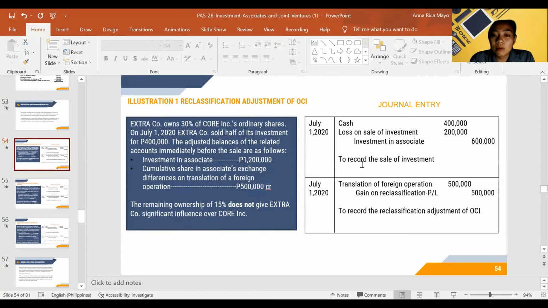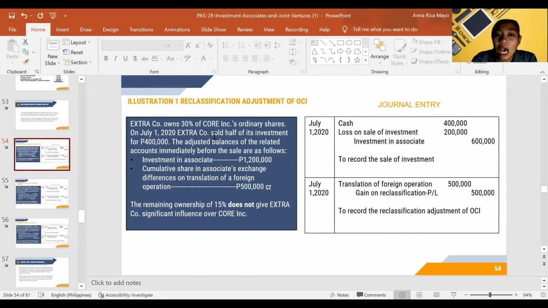Ang entry mo, para ma-record mo yung sale mo ng investment on July 1, 2020 is cash, 400,000, yung pinangbayad mo, ay marereceive mong cash, 400,000, and then loss on the sale of investment, 200,000, and investment in associate credit, 600,000. Bakit nga ba siya nagkaroon ng loss? Kasi nga, ang kanyang investment in associate is 1,200,000.